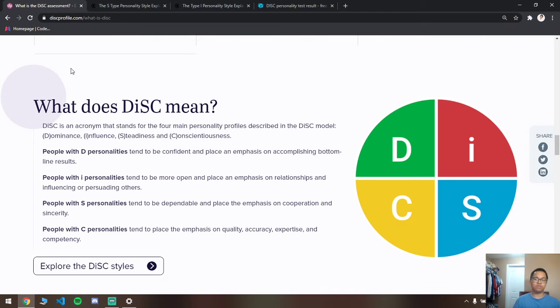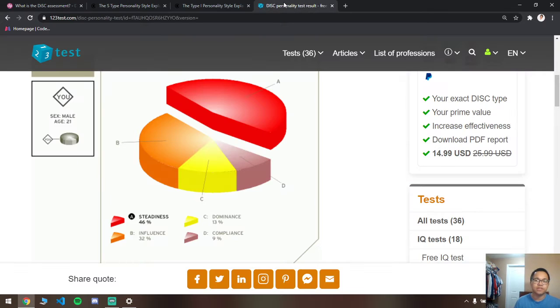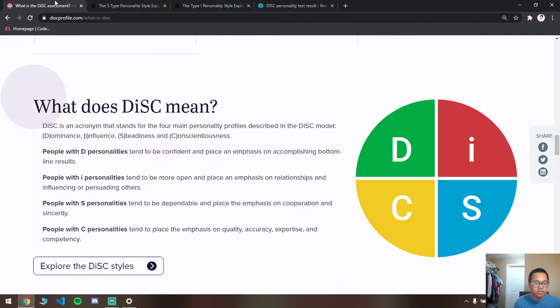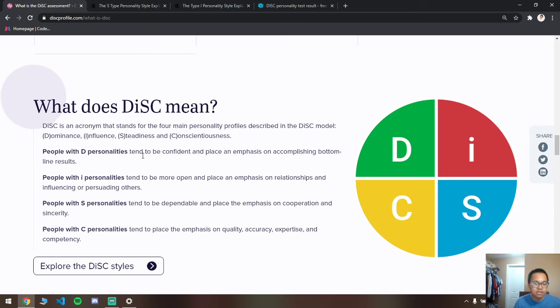So I'm just gonna go over my S personality and I. My weakest ones are the dominance. So this is the third ranking personality for me. They tend to be confident and place emphasis on accomplishing bottom line results.